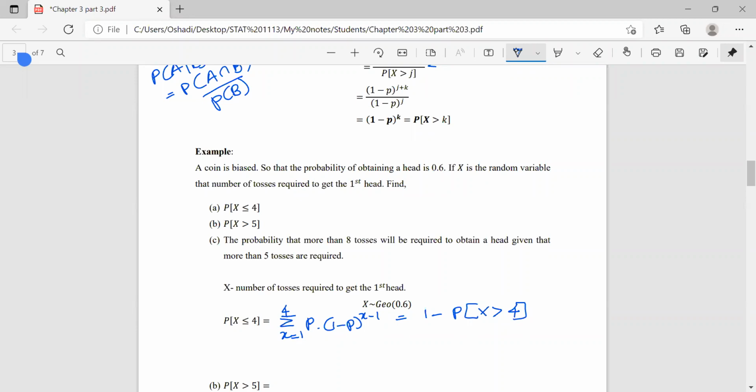According to result 1, it can be written as 1 minus (1 minus p) to the power 4. Since 1 minus p is 0.4, it is 1 minus 0.4 to the power 4.